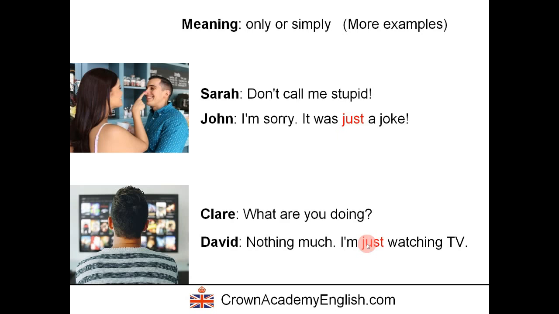If we are doing something that is not very important, we say, "I'm just watching TV," or "I'm just reading the newspaper," "I'm just reading a book," or "I'm just relaxing." Okay? So we're doing something not very important. We also use this if we're not very busy doing something, if we're available to do something else.